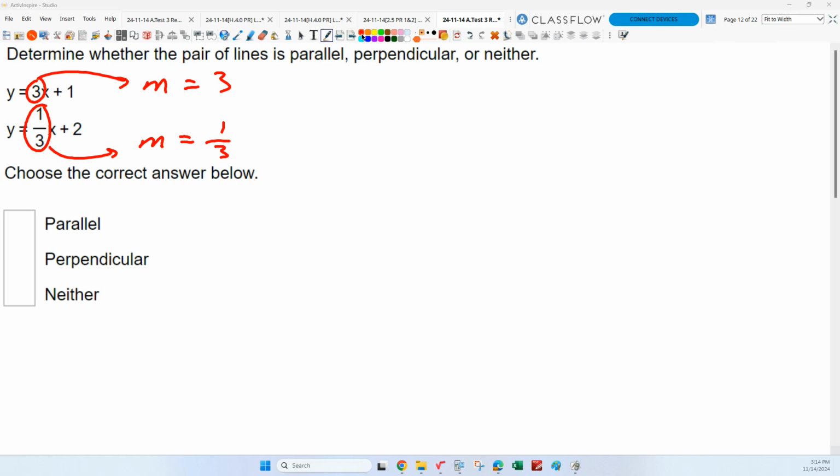Okay, and this was an easy one because both the lines were written in slope-intercept form, but if they weren't, all I'd have to do is put them into slope-intercept form first, right? So let's just go through the list. Are these parallel? No, because those aren't equal. Are they perpendicular? No, it's tricky. They're reciprocals, but they're not opposites. So the answer is neither.